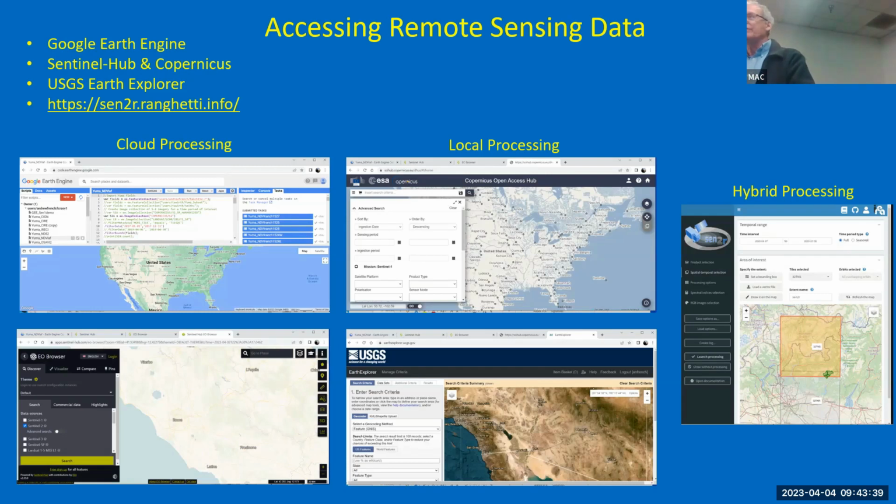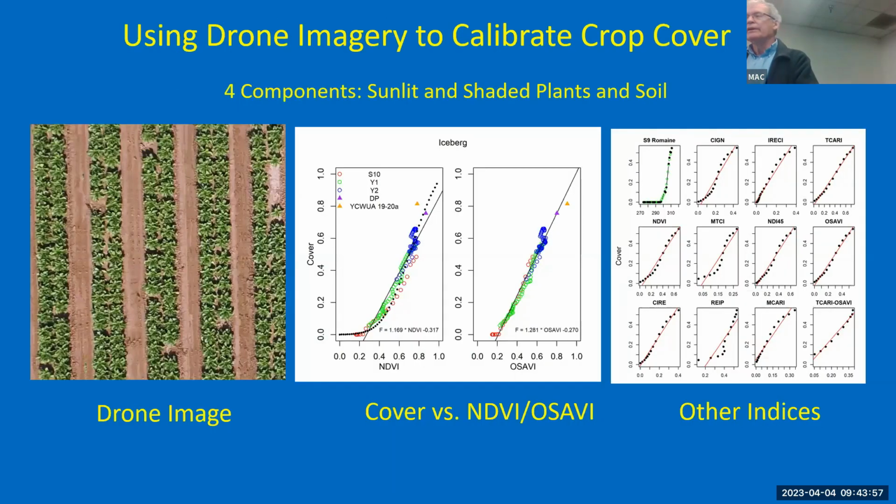The hybrid processing is our tool. It does both cloud processing and local processing in one package. I haven't even used it yet, but it's very impressive. Just to point out to you that the tools are coming out very frequently.